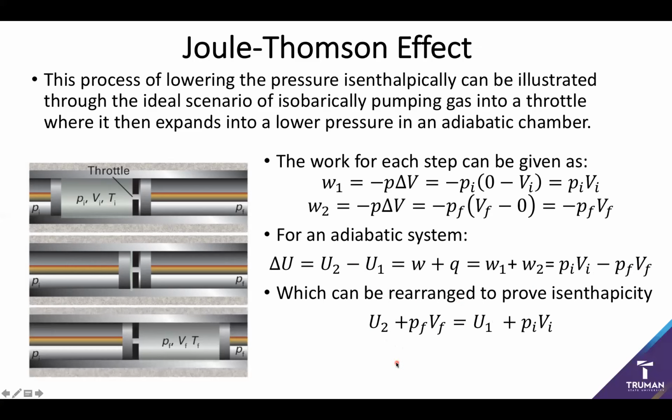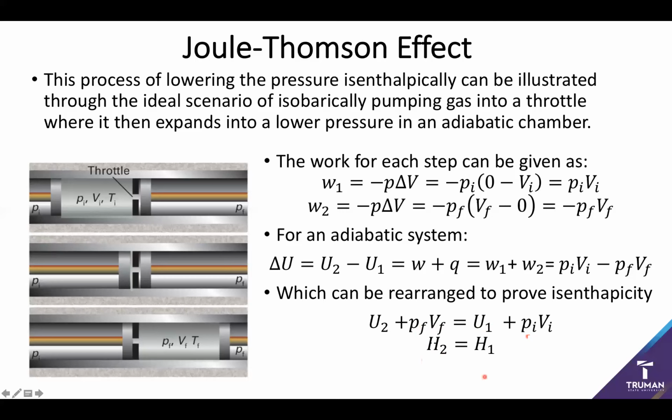Now, this may seem a lot of work for nothing, but what it helps us prove is, turns out internal energy plus pressure and volume is the same thing as enthalpy. And same thing over here.